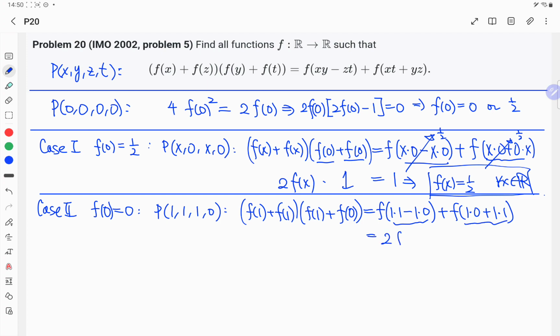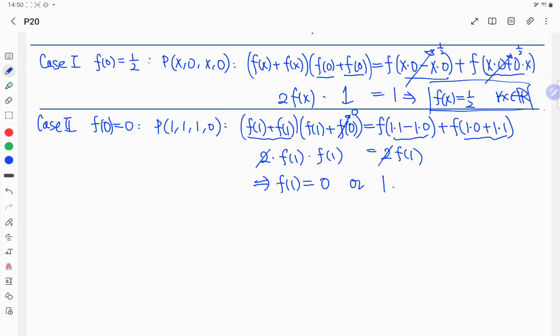So we have 2 times f(1) on the right side, and on the left we also have 2 times f(1), and since f(0) is 0, the other factor is also f(1). In such a way, we can cancel 2 on both sides, so it leads to f(1) equals 0 or 1.